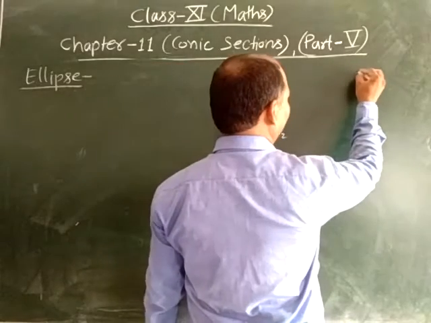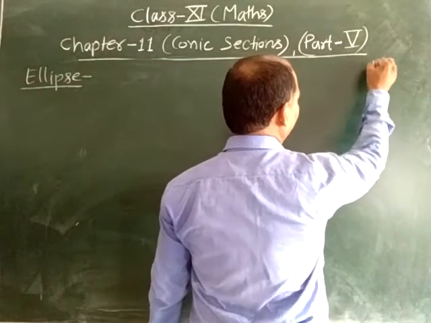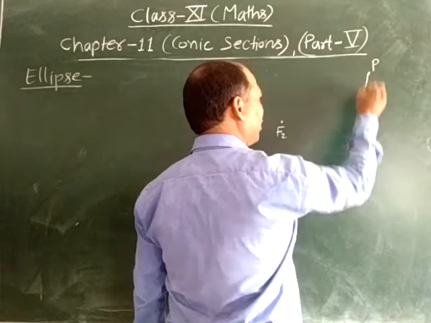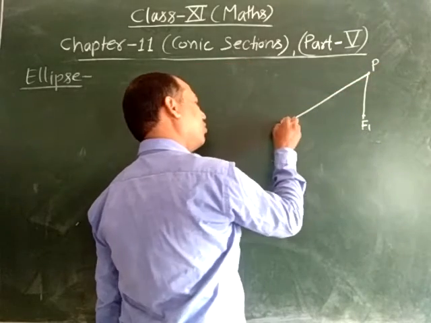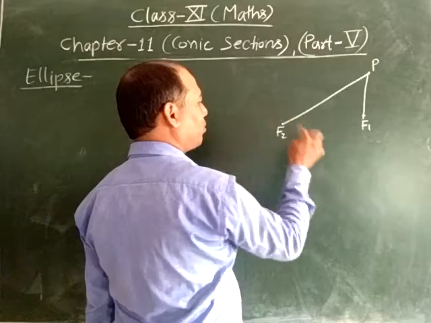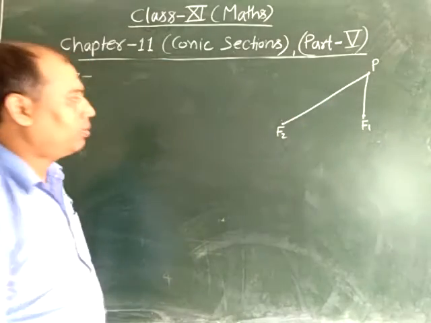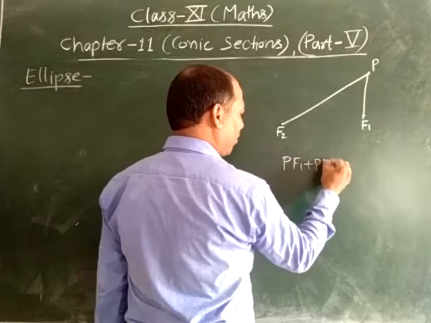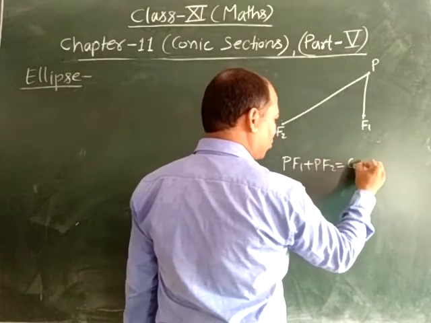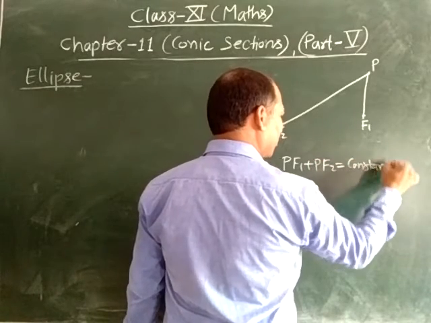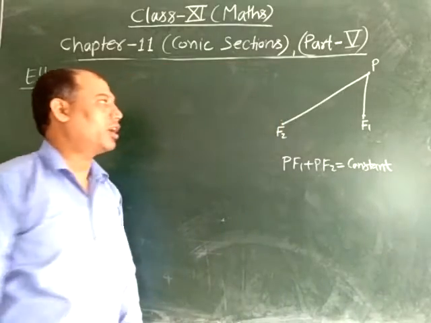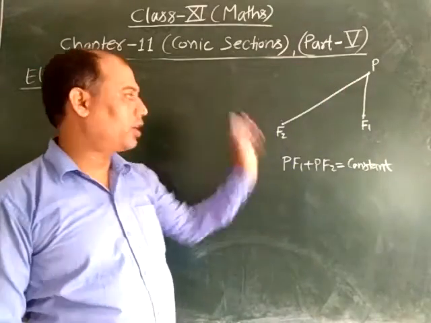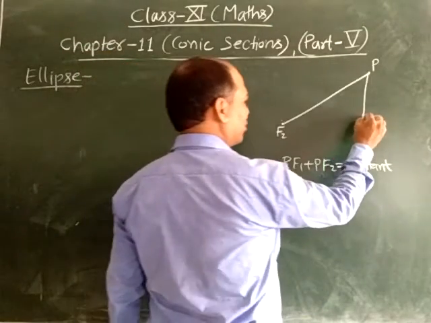For example, consider a point P. Then the distances of this point P from F1 and F2 are PF1 and PF2. Then the sum PF1 plus PF2 is equal to constant. Then the set of such points is known as ellipse.